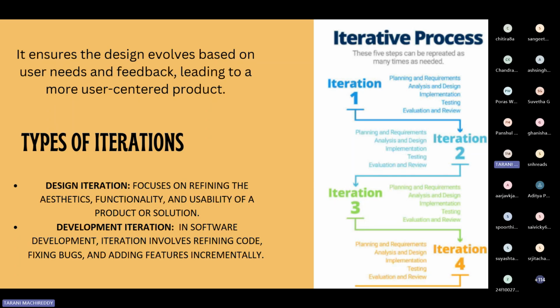So let's take an example. As all of you know, Apple iPhone changes its version every year. So it is an example of design iteration. As the years pass, the design of the iPhone changes, like iPhone 15, 14 Pro, and so on.